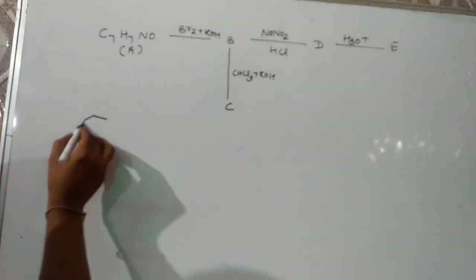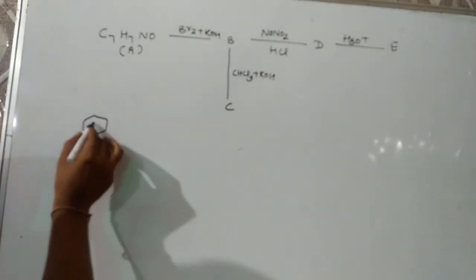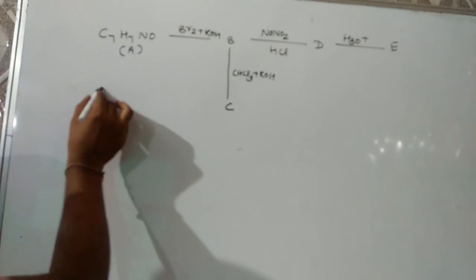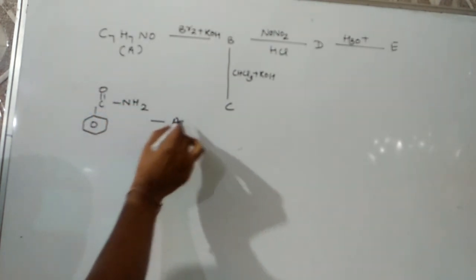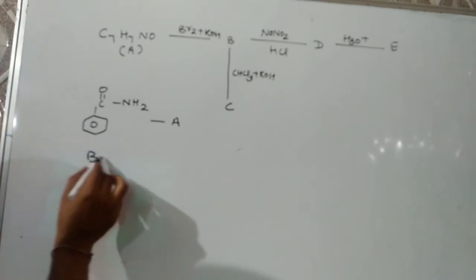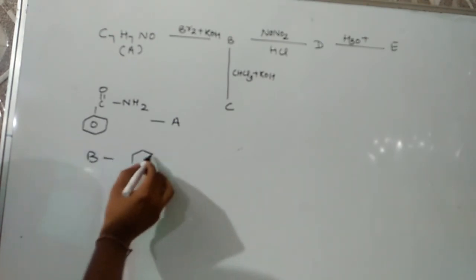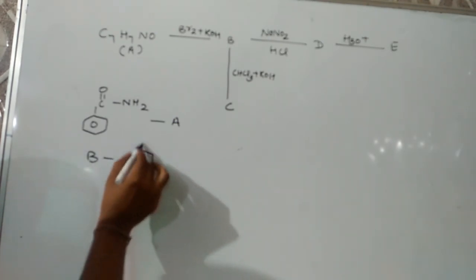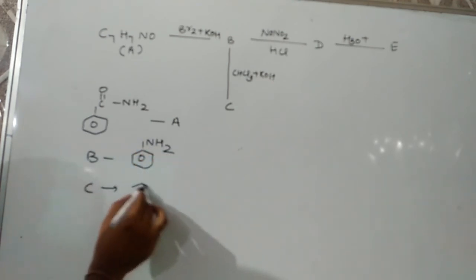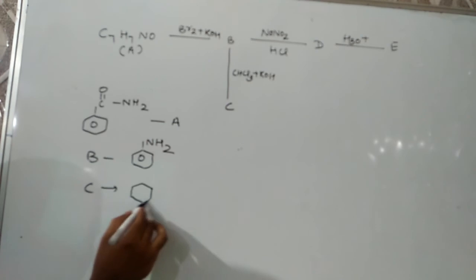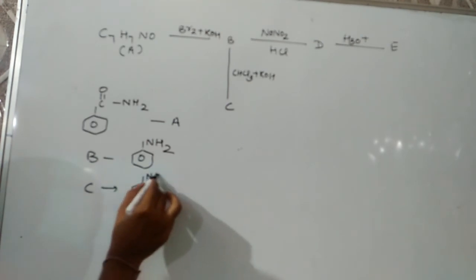So here A can be benzene carboxamide, or benzamide. Compound B will be aniline due to Hofmann degradation reaction; one carbon will decrease. Compound C will be phenyl isocyanide due to carbylamine reaction.